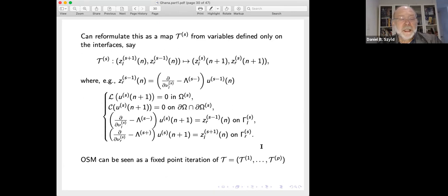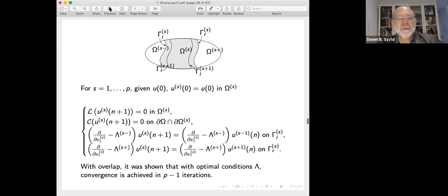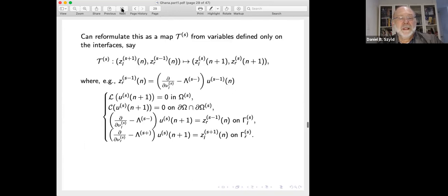So while I iterate, I get closer and closer to the solution. My local problem is not the solution of the global problem, but as I iterate, it gets closer to the solution of the global problem. All I need is that the boundaries match. Once the boundaries match, I'm done.